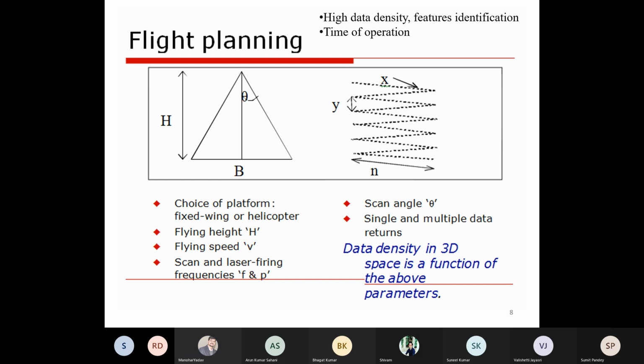Is it clear? Yes, sir. Sir, whether it is unidirectional or bidirectional, the F scan line will be same, only represented as F scan line.